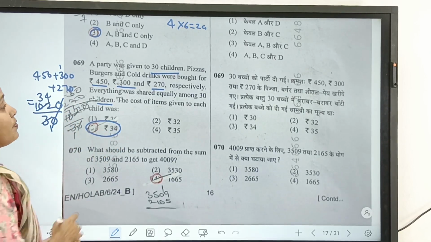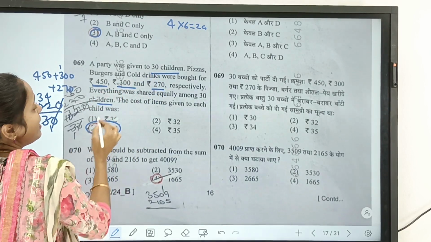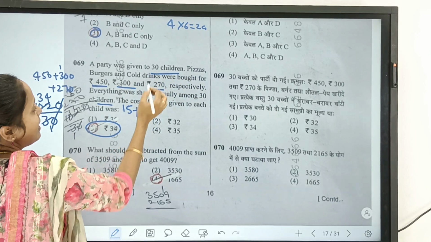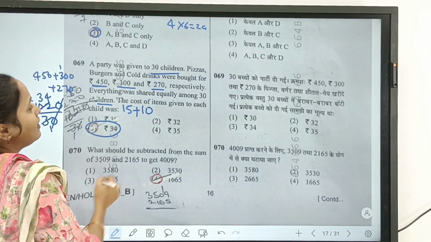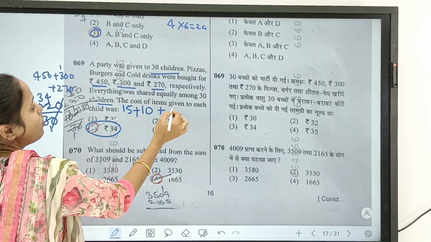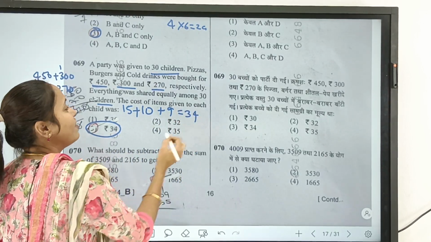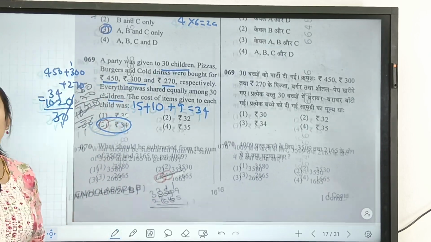Otherwise you can do it per item: 450 by 30, the cost of pizza is 15. 300 by 30, the cost of burger is 10. 270 by 30, the cost of cool drink is 9. If you add, you will get 34. Whatever easy method you can choose.